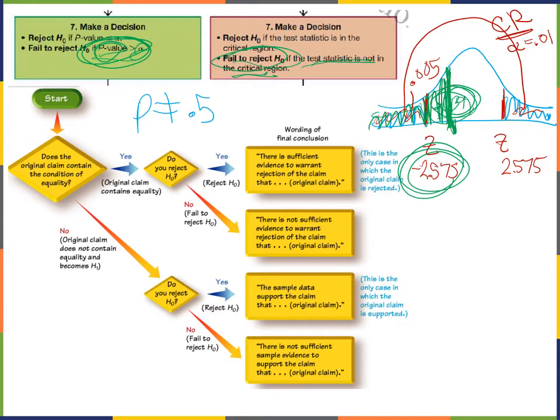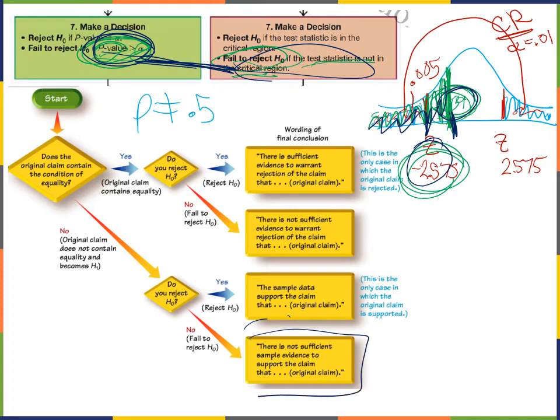So I'm trying to tell you that these two things are saying the same thing. This is doing it in terms of comparing the areas, and this is doing it by comparing this z-score to this z-score as our test statistic. But you can compare the two z-scores here, or you can compare the two areas that they bound. Either way, you end up in the same spot, and then end up with the same position here that we failed to reject, and we don't get much of an answer.